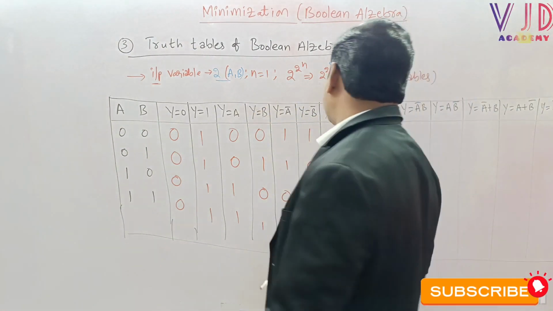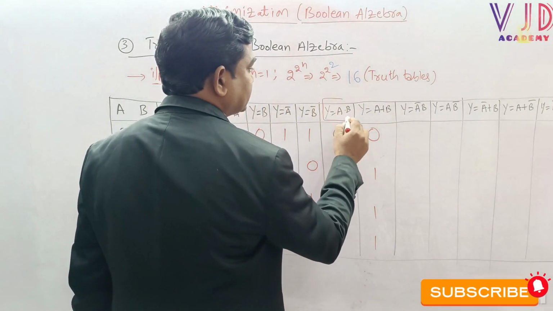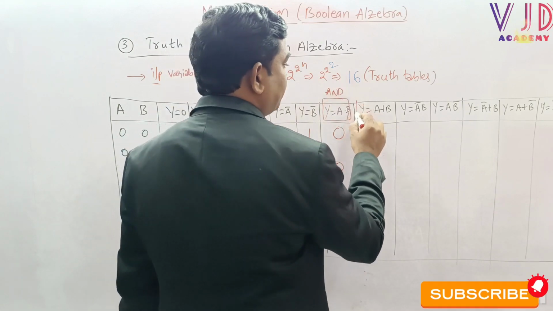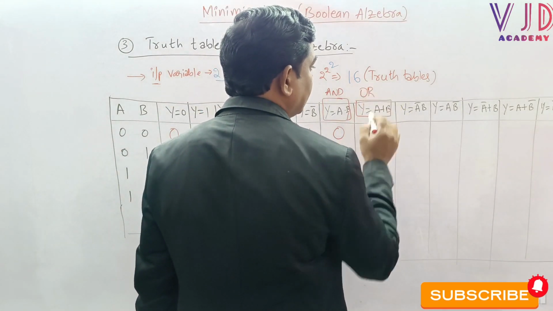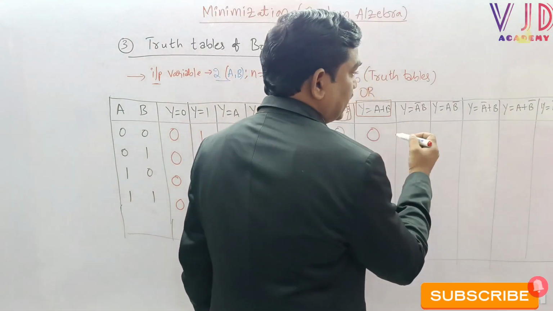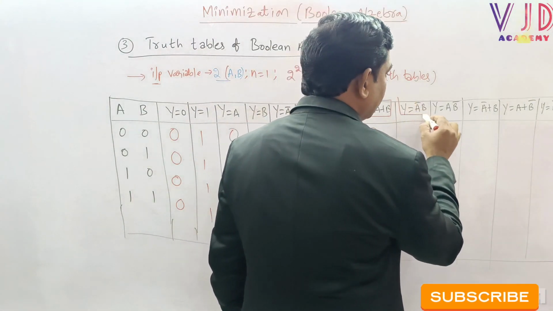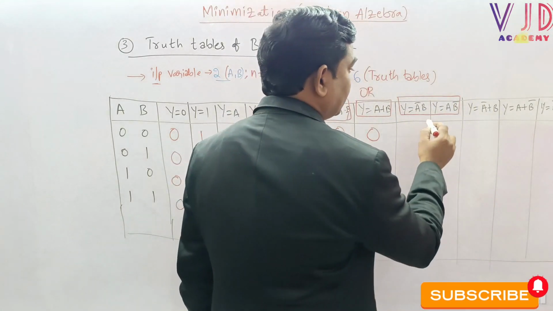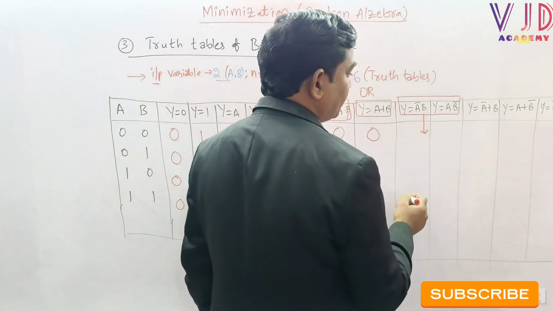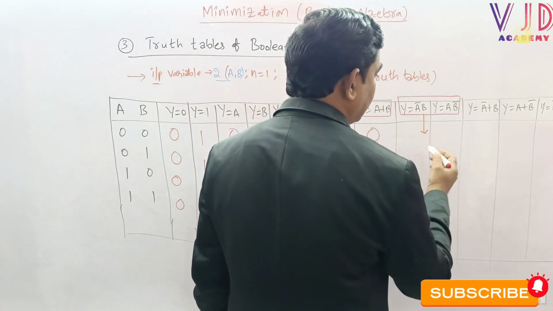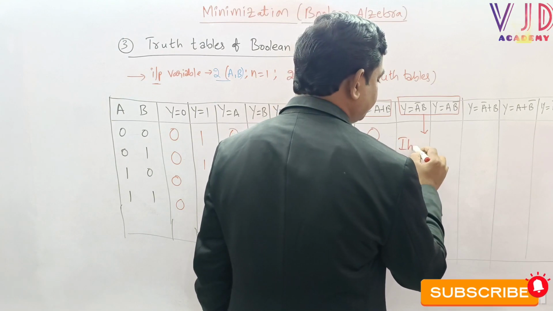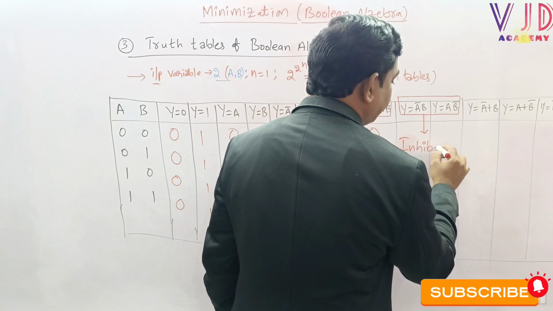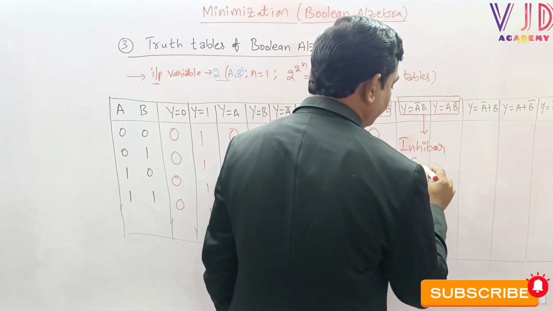Now sir, we know that A into B is called an AND gate, and A plus B is called an OR gate. And now there are some new terms here: A bar into B and A into B bar. When we get these combinations, this gate is called an inhibitor gate.